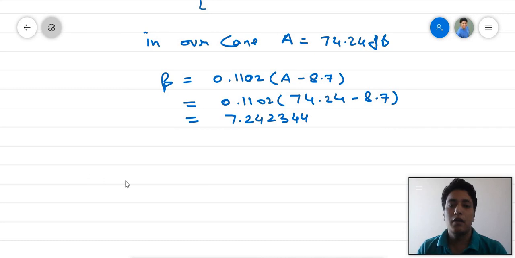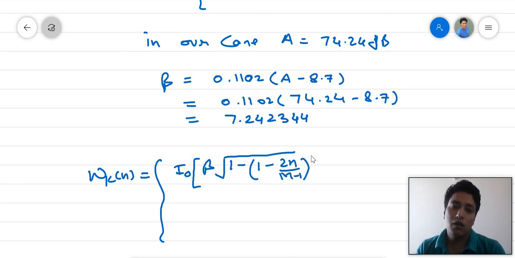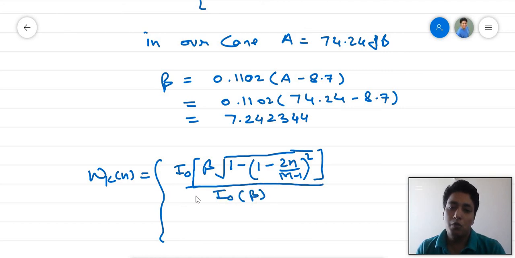We can now find out the Kaiser window expression, that is Wk[n] equals I naught, which is modified Bessel function of zero order, I naught of beta under root 1 minus (2n by m minus 1) whole square, over I naught beta.